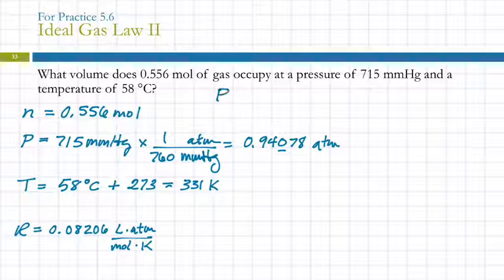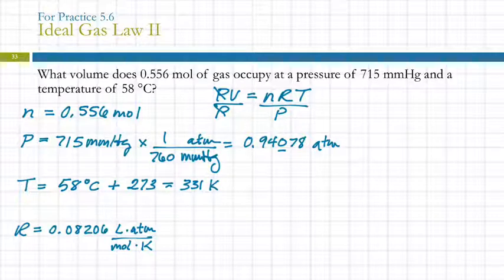I need the ideal gas law, PV equals nRT, and I am looking for the volume this time. So I'm going to divide both sides by P to get V by itself. It's always best to rearrange when you're just dealing with letters instead of when you've got numbers and units.